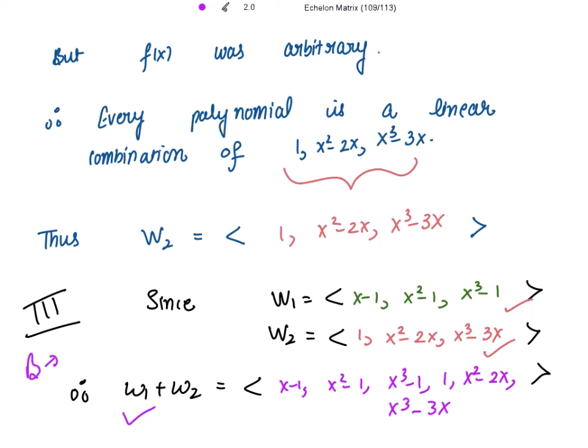Because V is the set of real polynomials of degree less than or equal to 3, the standard ordered basis is x³, x², x, 1, having 4 elements.